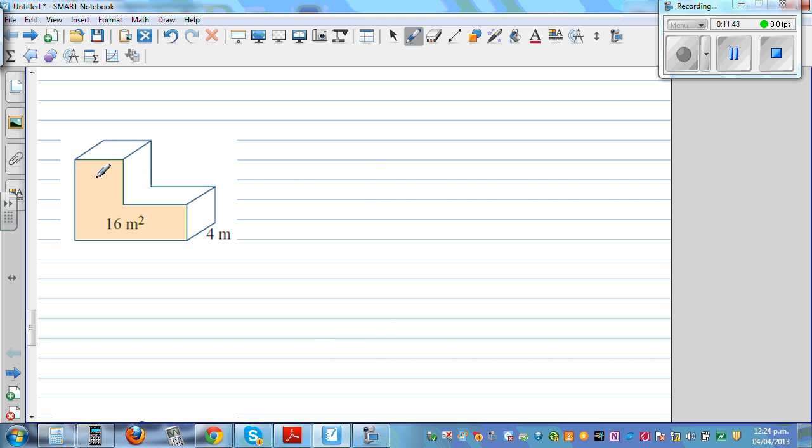Here again, you can call this an L-shaped prism because the base is L-shaped. So here your base area is 16 meters squared times 4 meters, which is 16 times 4, 64 meters cubed.